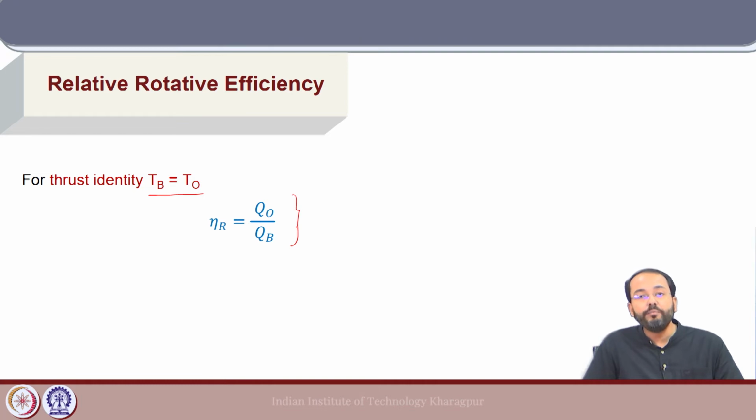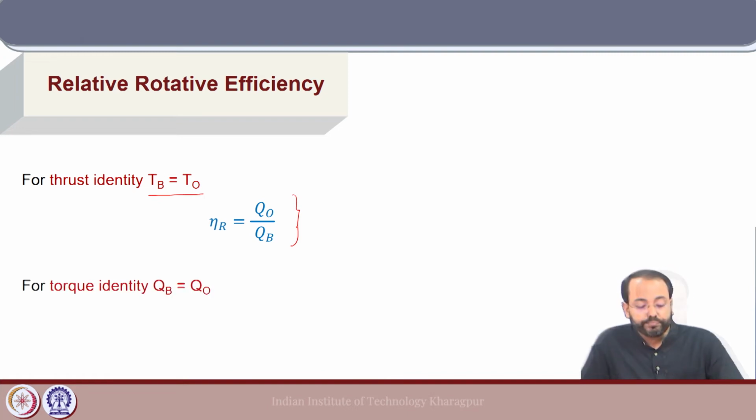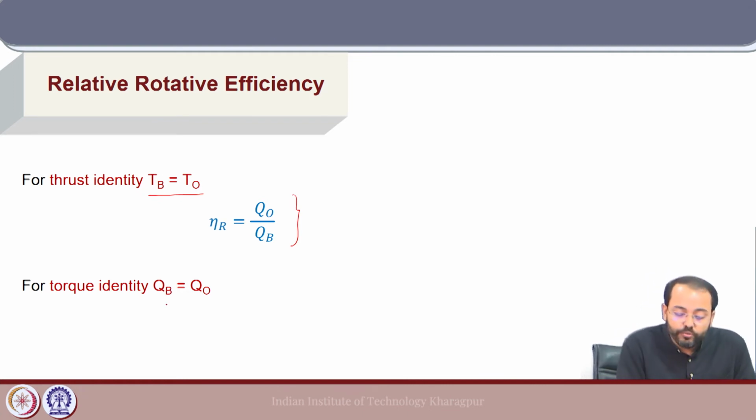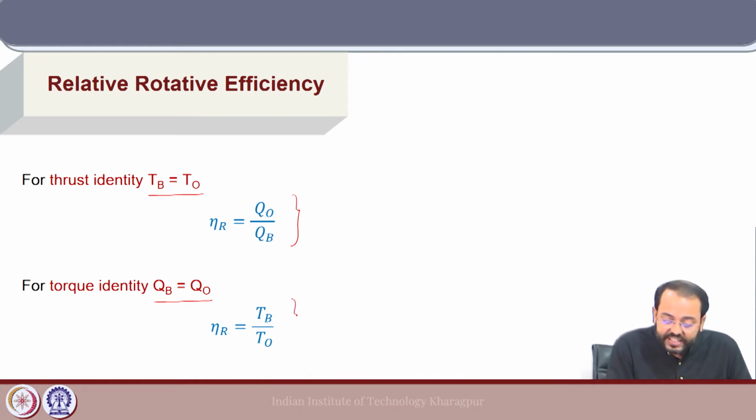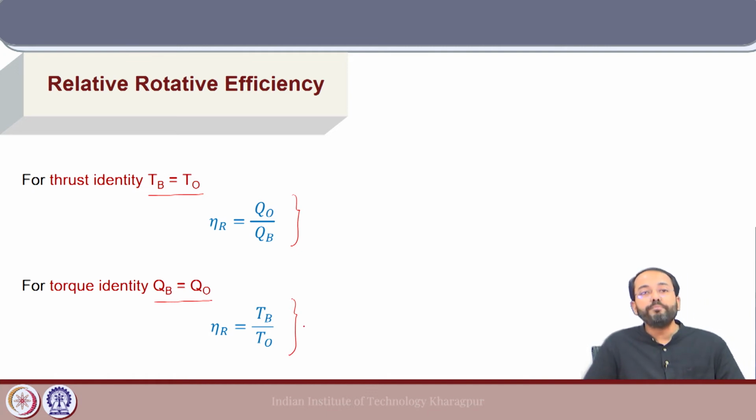So, eta r will be the open water torque value by the behind hull torque for the propeller. In the same way, if we assume torque identity, that means if we take the torque value equal between the behind hull and the open water condition, then eta r can be expressed as a ratio of the thrust values. In this case, it will just be the reverse, that means eta r will be the behind hull thrust divided by the open water thrust.